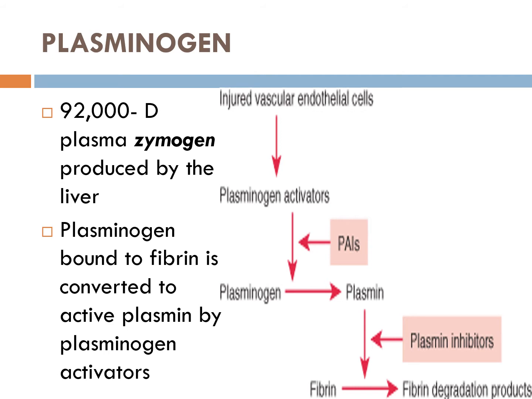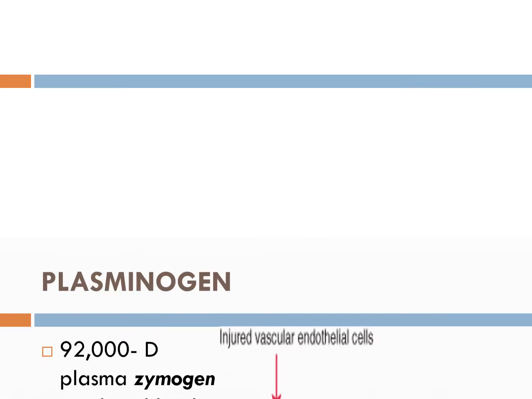Once there is already the presence of your plasmin, it would degrade your fibrin and result in your fibrin degradation products, or your FDPs. And like the activation of plasminogen to plasmin, the breakdown of your fibrin to fibrin degradation products by plasmin is also inhibited by what we call your plasmin inhibitors.